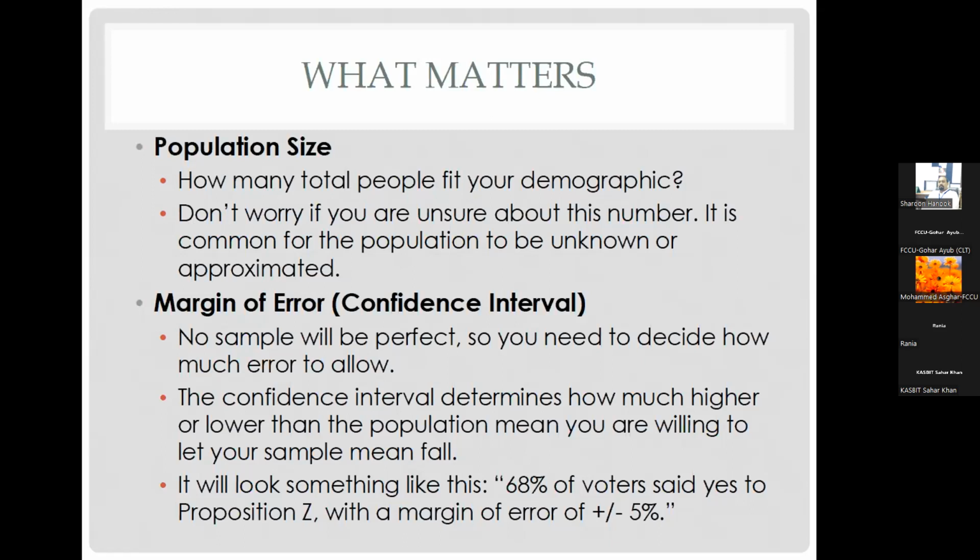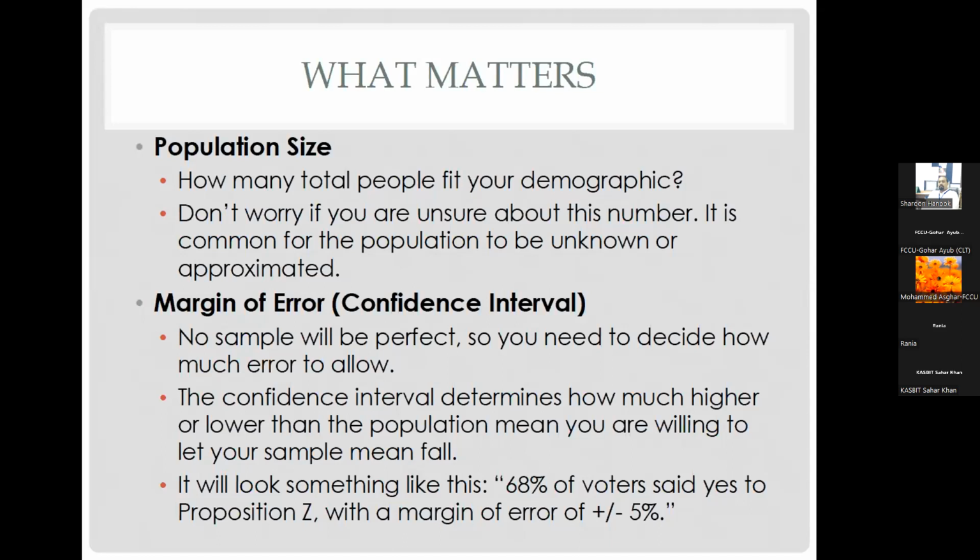The second important thing we want to know is margin of error. You can think of it as confidence interval. So no sample will be perfect. That's very important to know. So you need to decide how much error you want to allow. The confidence interval determines how much higher or lower than the population mean you're willing to let your sample mean fall.